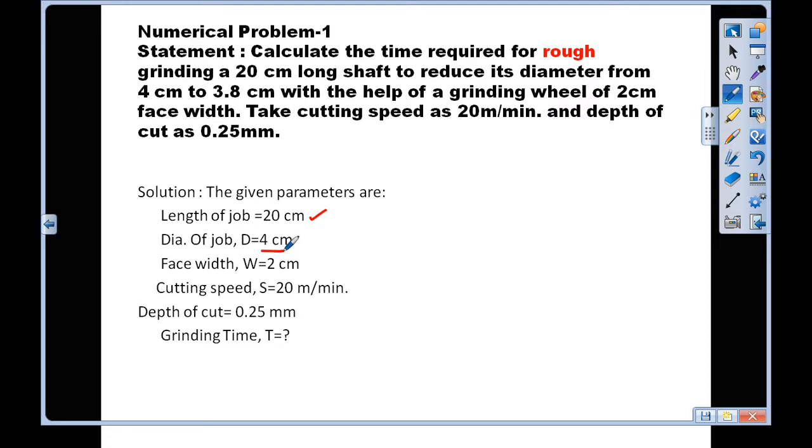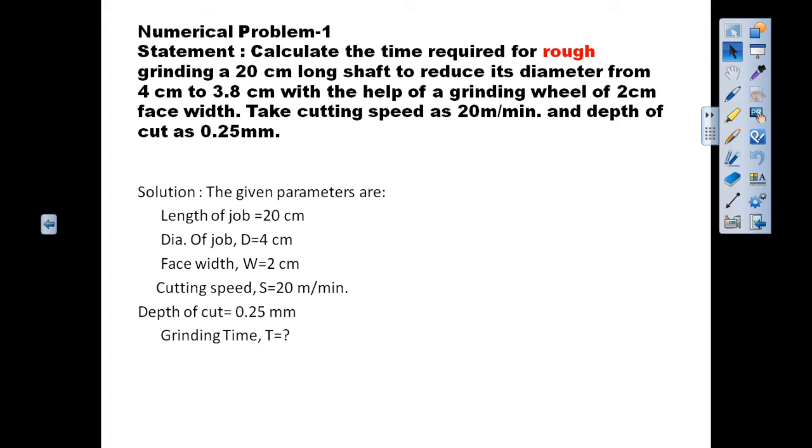With the help of a grinding wheel of 2 centimeter face width, W given is 2 centimeter. Take cutting speed as 20 meters per minute and depth of cut as 0.25 mm. So we have to calculate the grinding time, that is how much time it will take to finish the job in case of rough grinding.